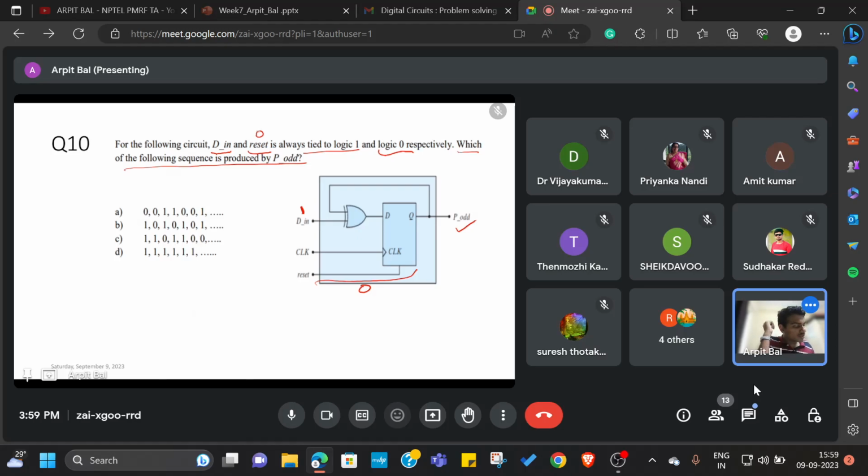Okay, so what should be my first step? The first step is going to be the same, figure out the equation. What is the equation? D in XOR period. Correct. Can I simplify this further?